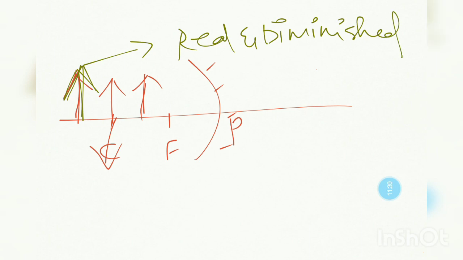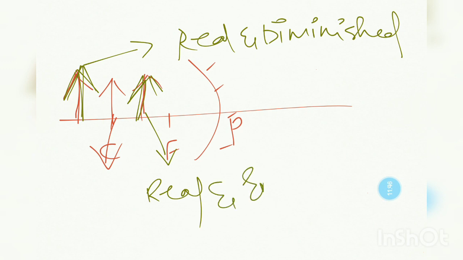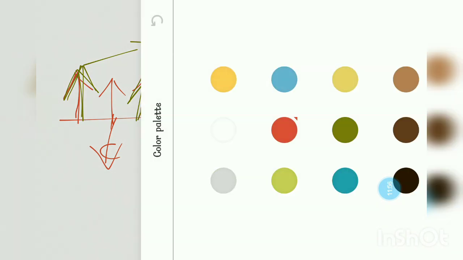Now if it is placed in between the center of curvature and the focus, then you also get a real image, but it is formed beyond C, somewhere over here, and it is an enlarged one. Nothing new here; we are just discussing the ray diagram cases. I hope you understood this.